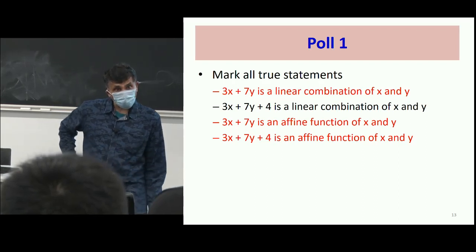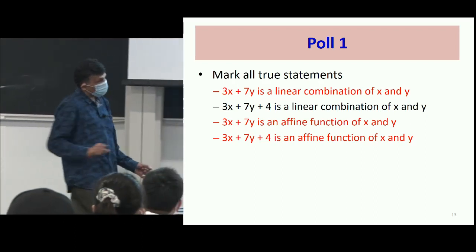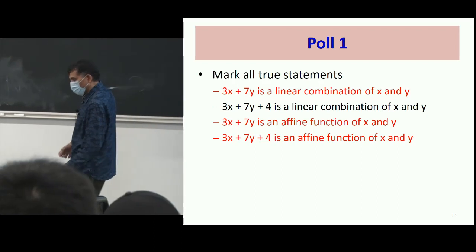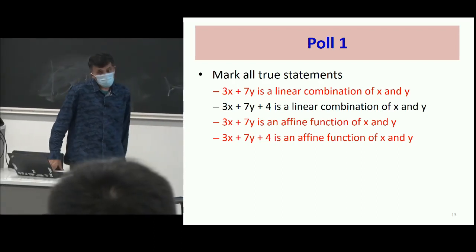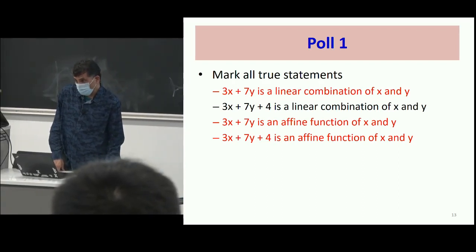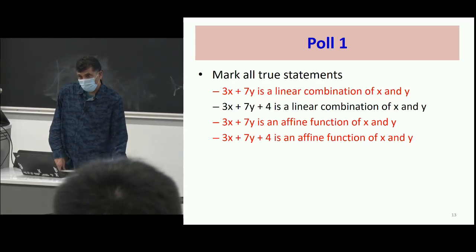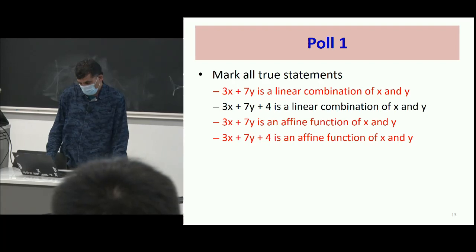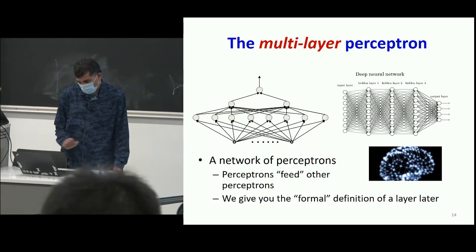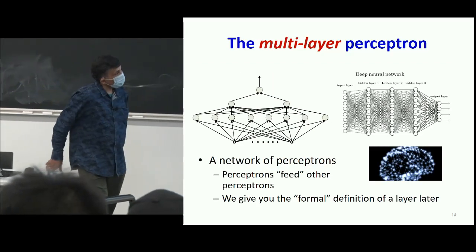It goes through the origin, right? The linear combination goes through the origin. The affine combination does not, is not required to. So 3x plus 7y is also an affine combination, because a linear combination is a special case of an affine, and 3x plus 7y plus 4 is affine, right? Anyway, continuing on.